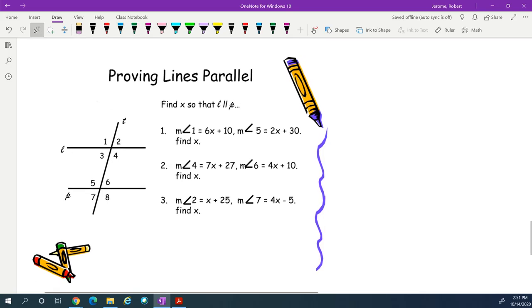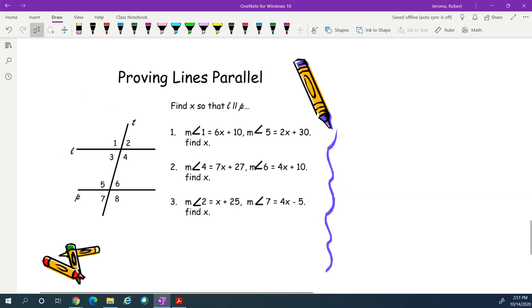Now, the other thing we could be asked to do, find the value of x so that the lines are parallel. They're asking us to make the lines parallel. Think about that. Find the value of x that makes the lines parallel. If we want the lines to be parallel, this isn't even new. We want the lines to be parallel, so make them parallel and do what you would normally do.